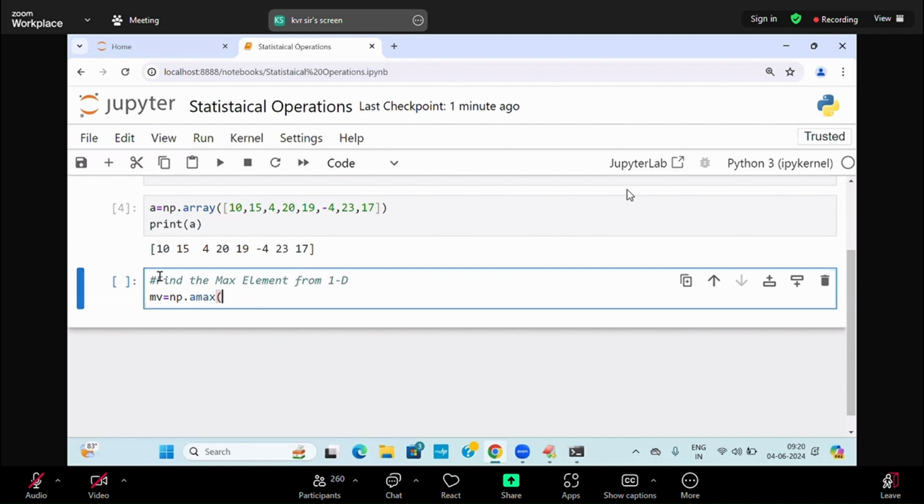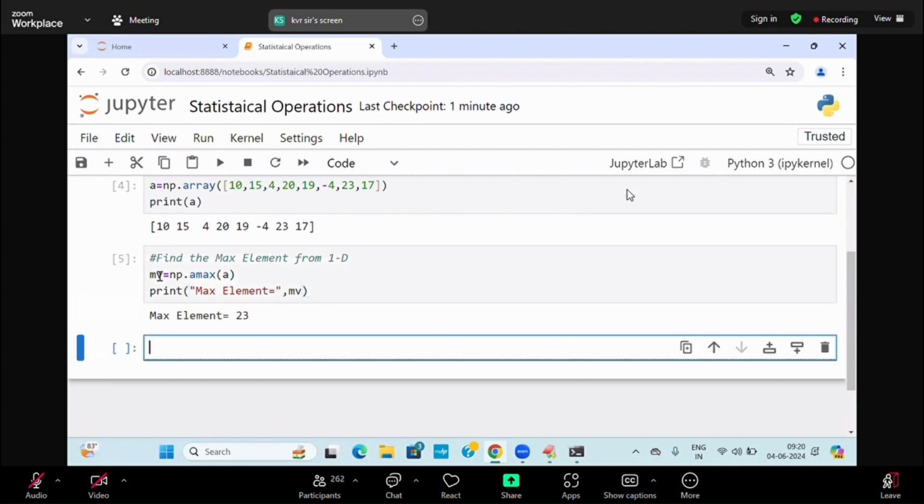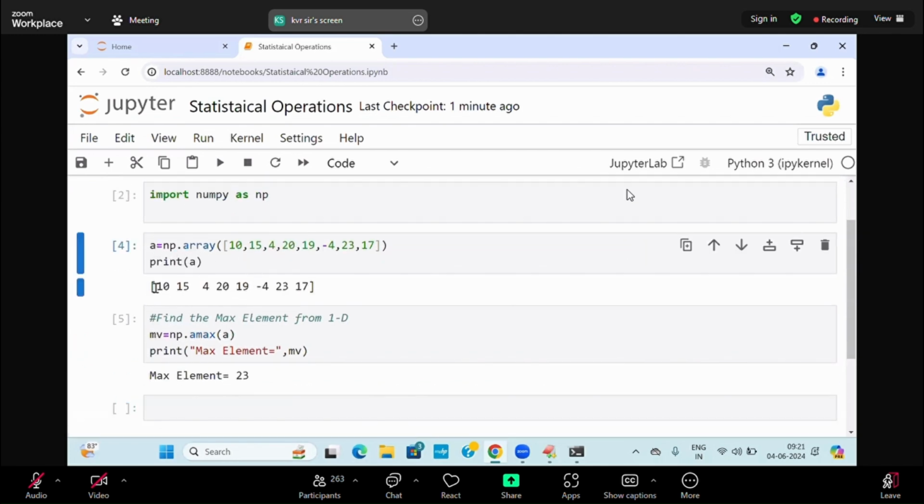This is very easy for you. So I'm writing print max element is equal to, comma, maxv. So it is going to print the max element. Similarly, I want to go for how many elements I am having here. Some 7 elements are there.